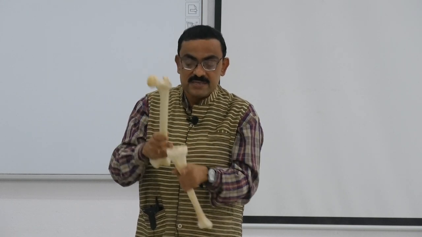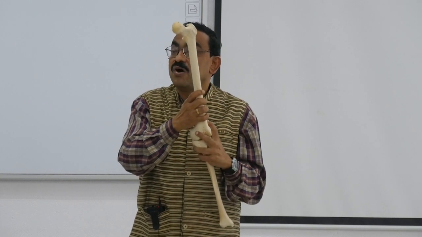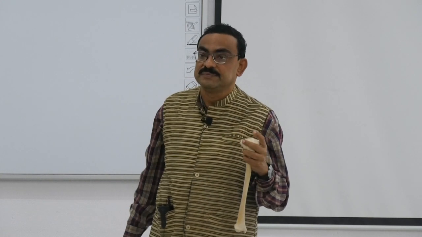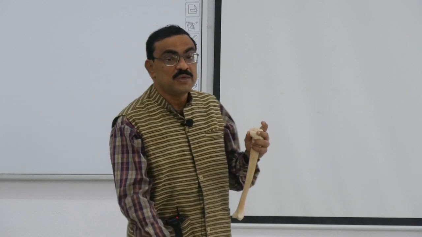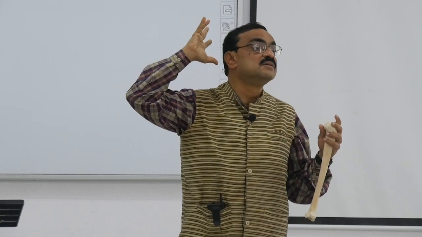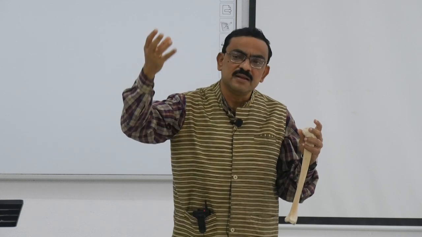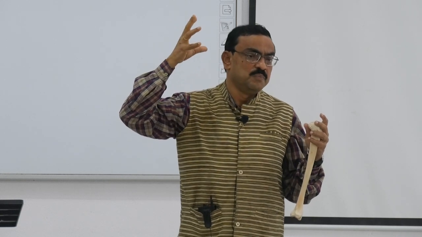We can see smooth surfaces here. These are the articular surfaces. And this is also called a synovial joint, where we get the mobility. There are three types of joint. One is fibrous joint. There is no or very little movement possible.